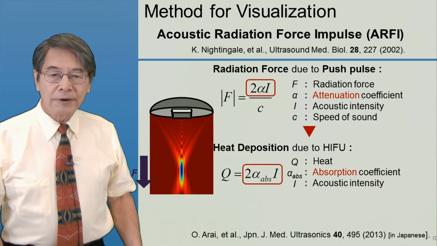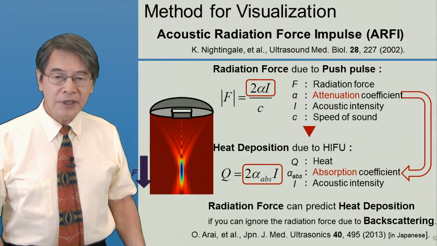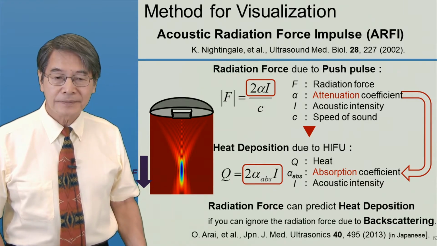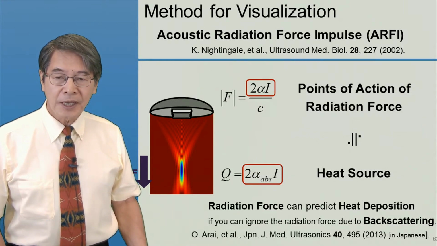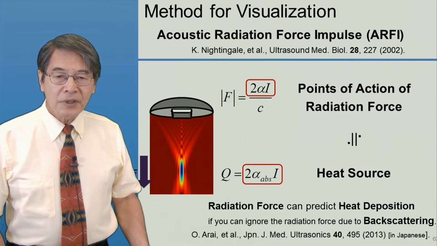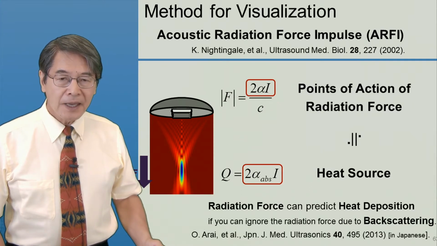Therefore, the radiation force can predict the heat deposition if you can ignore the radiation force due to backscattering. In other words, the points of action of radiation force are approximately the same as the heat source.